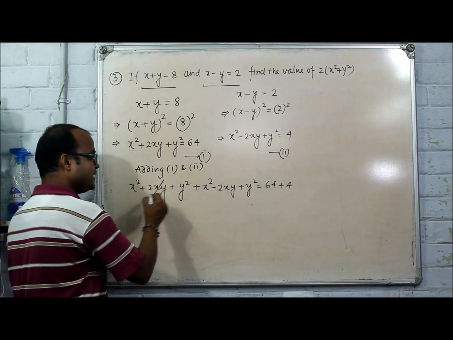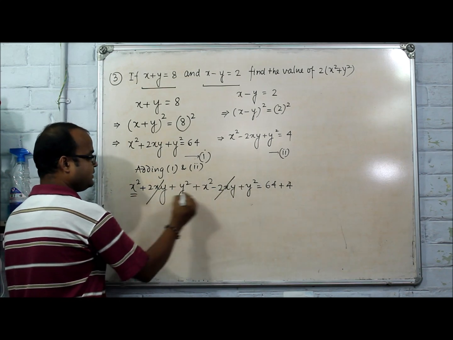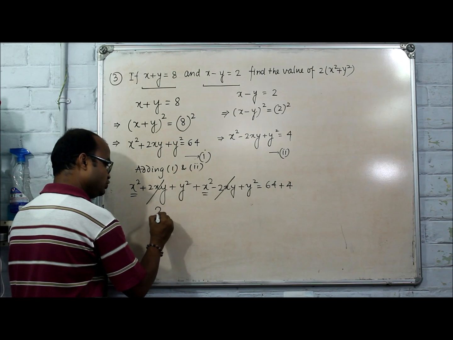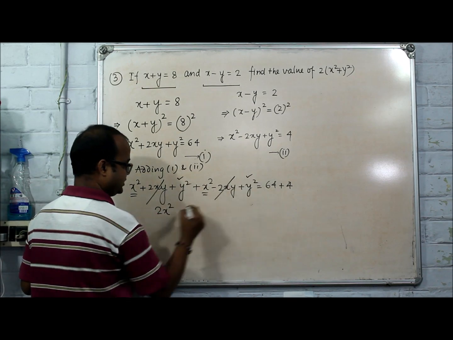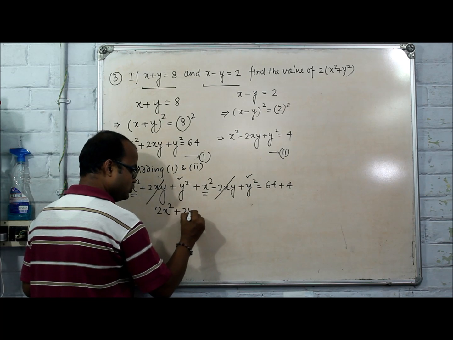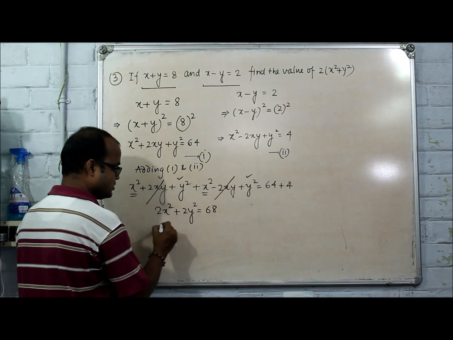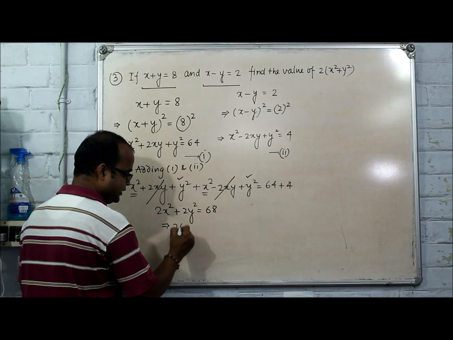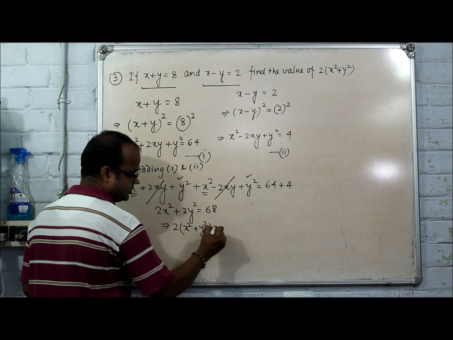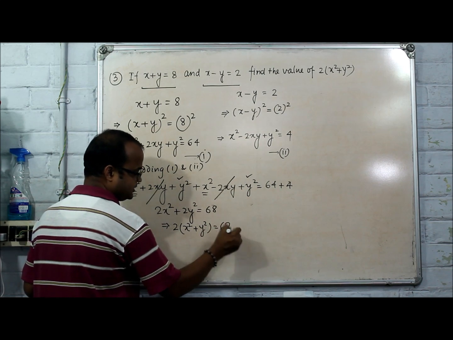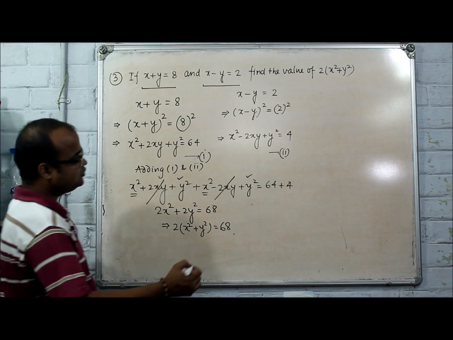Now see, 2xy and minus 2xy get cancelled. x square plus x square is 2x square, y square plus y square is 2y square, equal to 68. So it implies 2 into x square plus y square is equal to 68. Clear?